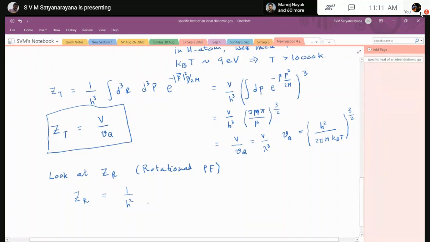Into integral. So there is some angle which I will call some theta, and there is a momentum associated with that, an angular momentum associated with that, which I will call dp theta.